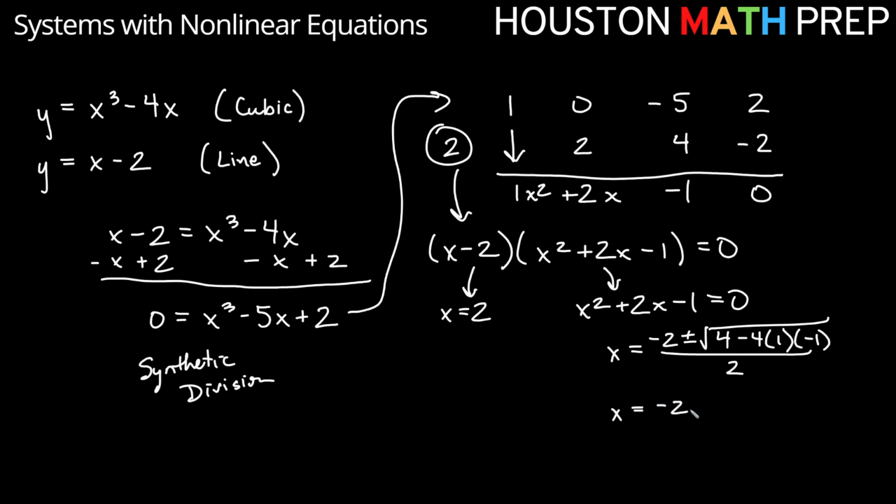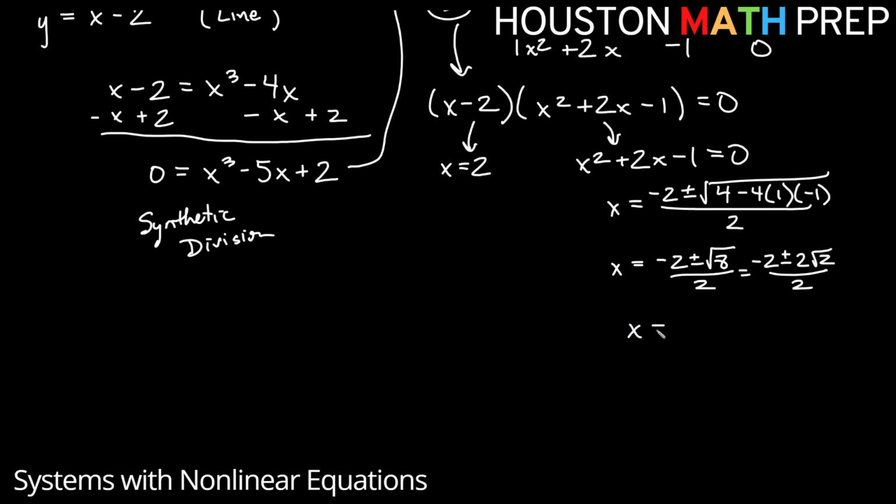So we get negative 2 plus or minus the square root of 8 all over 2, which is going to be negative 2 plus or minus 2 root 2 over 2. And then if I split this up, I get negative 1 for the first part of the fraction, plus or minus the 2's will reduce here, so we get root 2.